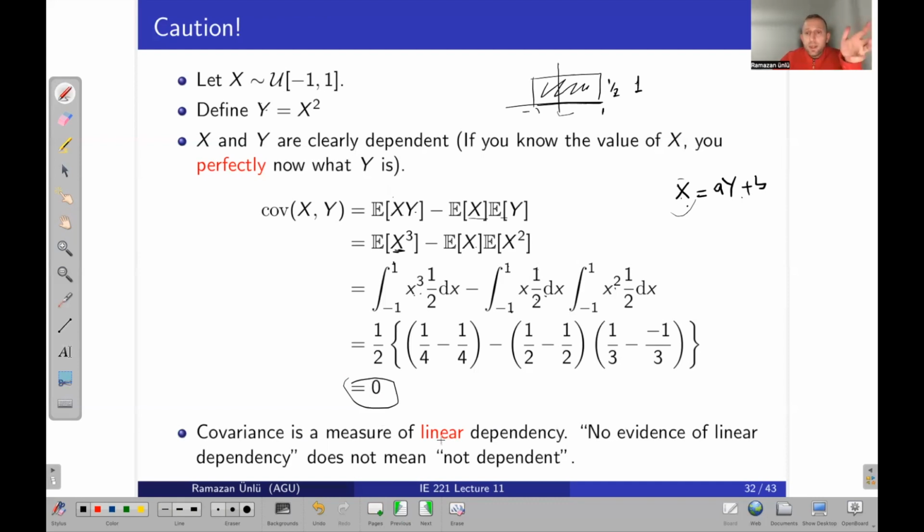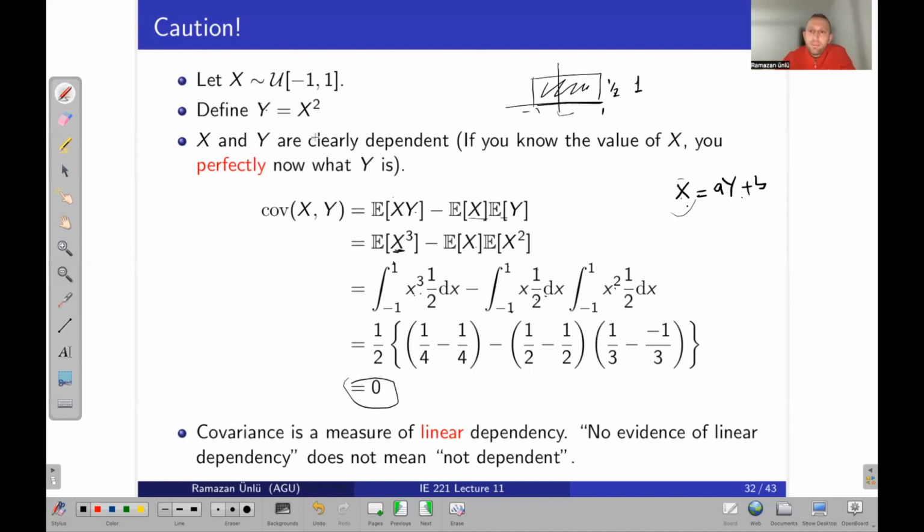So 0 means no evidence of linear dependency. We don't have any evidence for that. But that doesn't mean that they are not dependent. As I said, they can be dependent in other forms, as in this one, where they are quadratically dependent. So, to summarize, if you know the covariance of two random variables is 0, you cannot claim that they are independent.